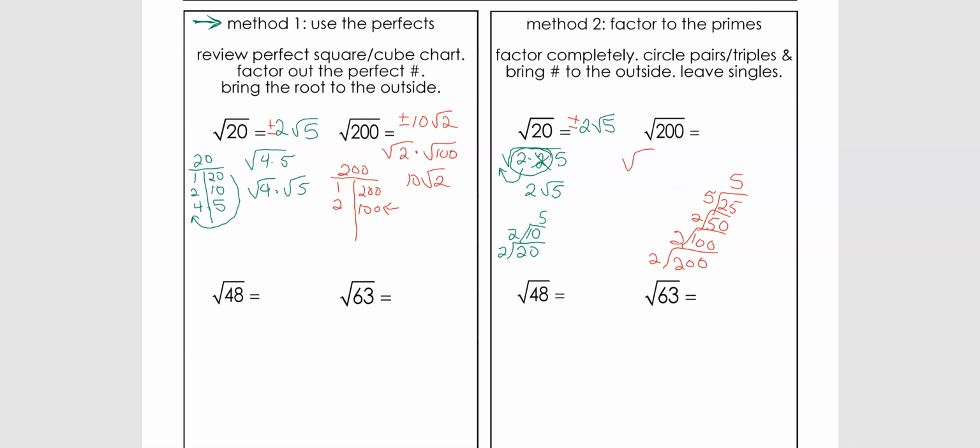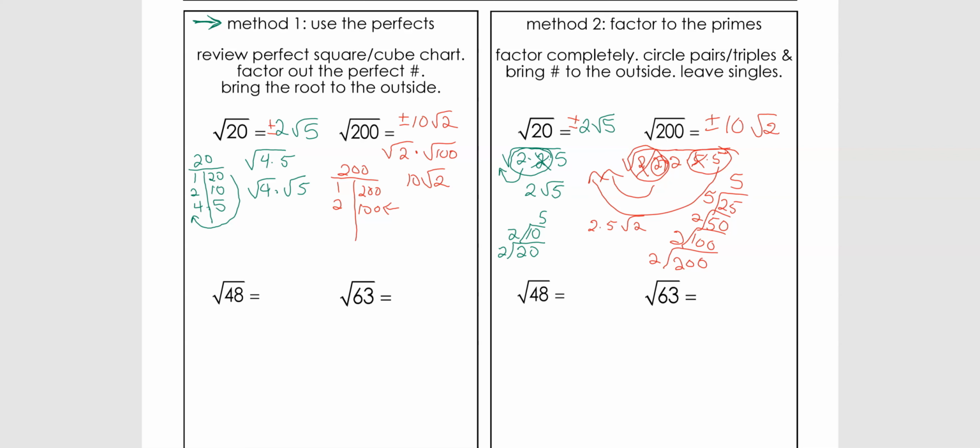So the square root of 200 is the square root of 2 times 2 times 2 times 5 times 5. 2 5s, 3 2s. And we're looking for pairs because this is square root. So here is a pair and here is a pair. So again, one murders its partner and comes out. Again, with the 5s, he murders his partner and he comes out of the radical. So we get 2 times 5 times the square root of 2. So our answer is again plus or minus 10 times the square root of 2.